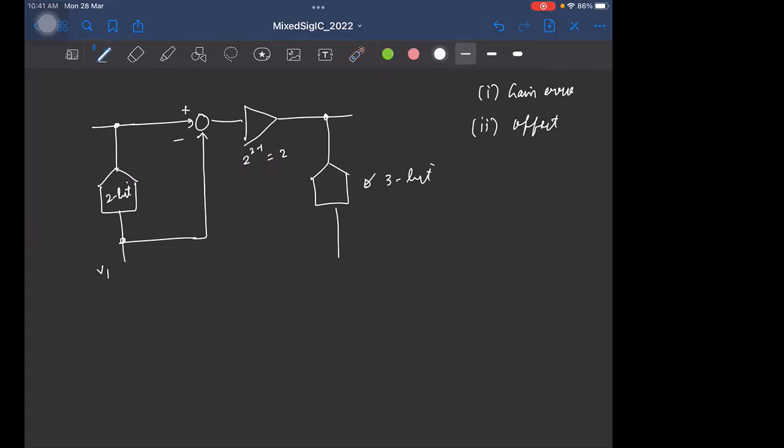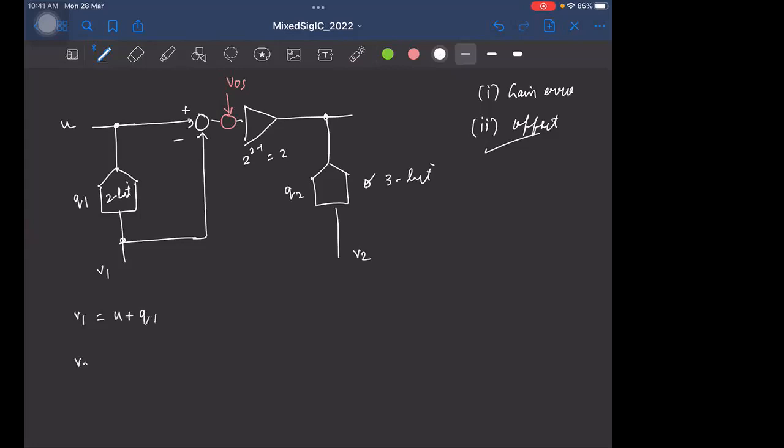First, let's discuss the offset issue. So let's say this has an offset here. Okay, this is the offset of the amplifier. So what do you think will happen at the output? Can you tell me what is the output of the first ADC? If let us say the input is U, this is quantization error Q1 and Q2. Fine.